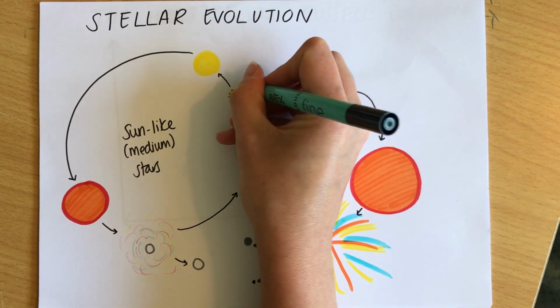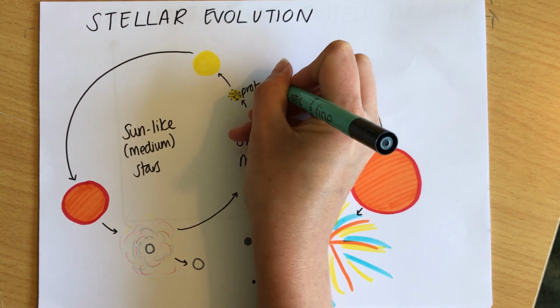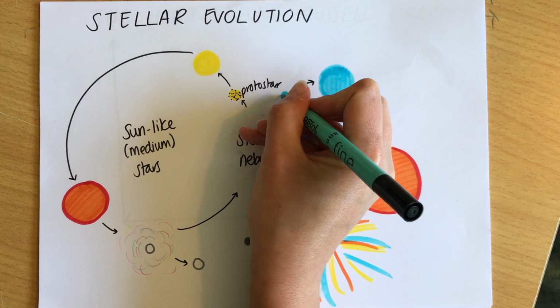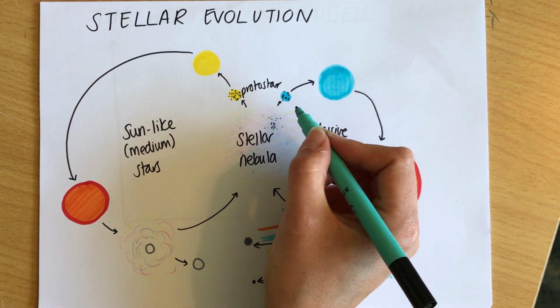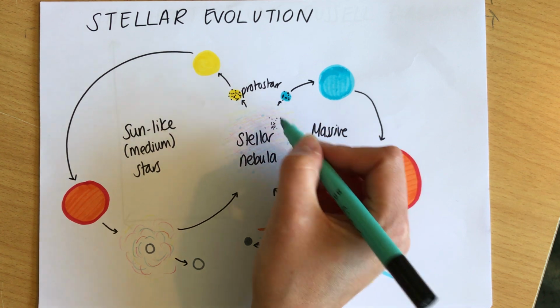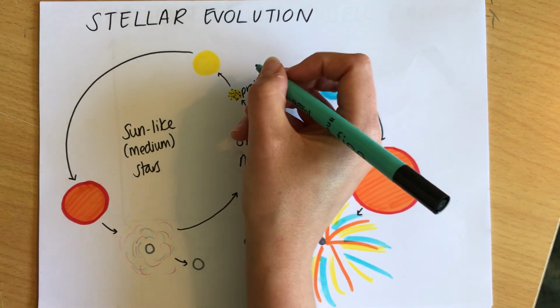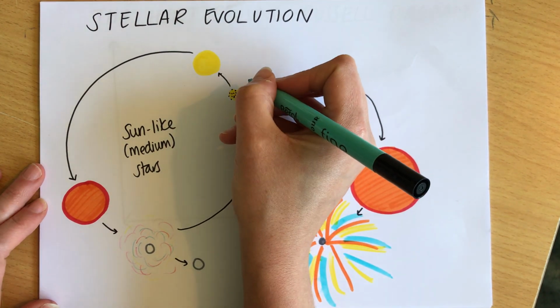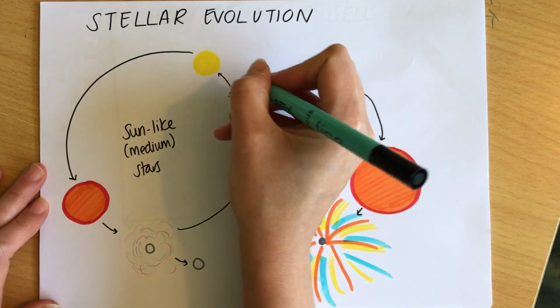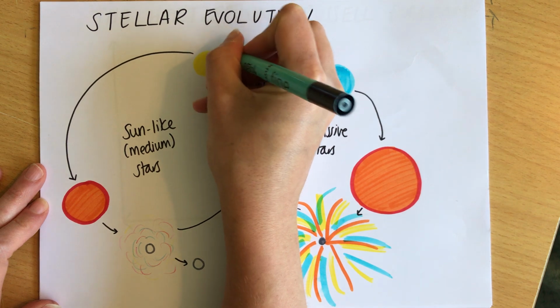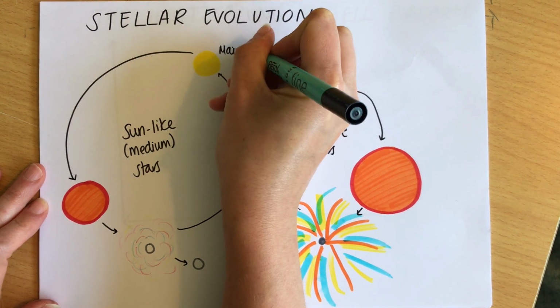So this is a protostar, and the same thing happens here as well for both high mass and low mass. It's just for a high mass there's more in the protostar, although my drawing doesn't really show that. Then when it's hot enough for fusion to start, for hydrogen to turn into helium, that is when it becomes a main sequence star.